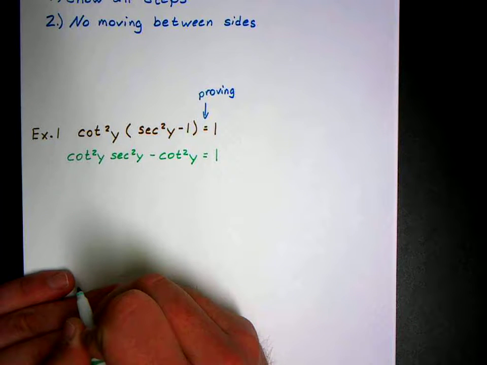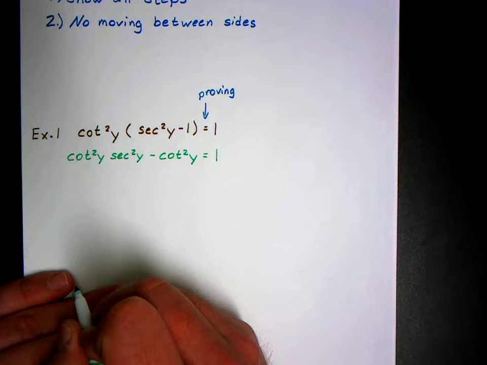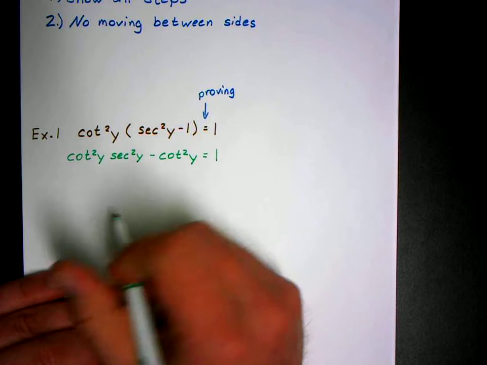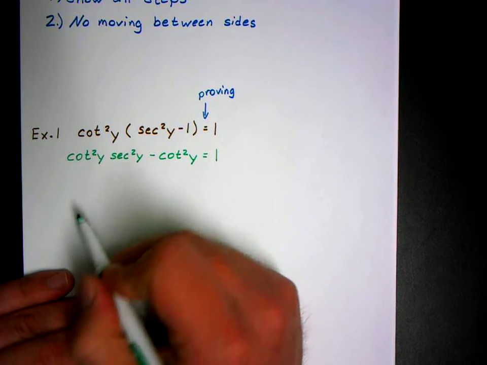Cancel out cotangent. How? Put parentheses around what? I can put parentheses around it, but that's not going to do anything.